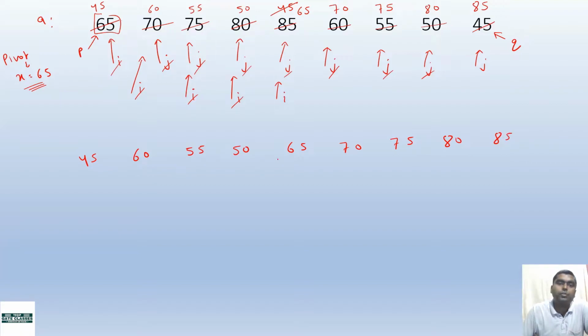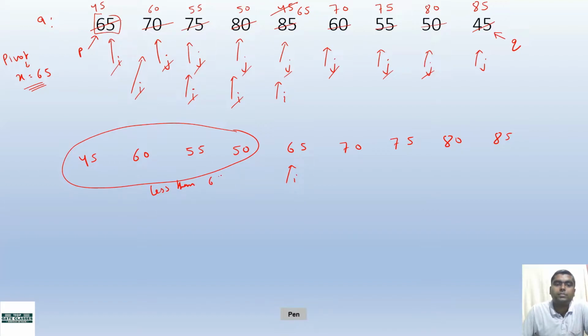So see the beauty of this algorithm. Now i is this, so we are just returning the i index. Okay, so if you are observing carefully, all these elements are less than 65.